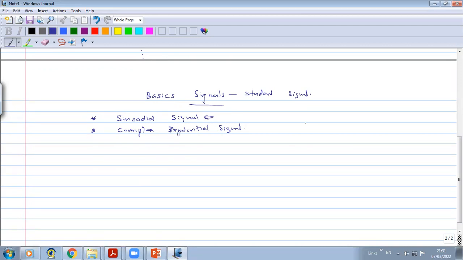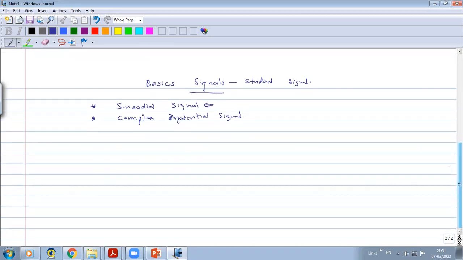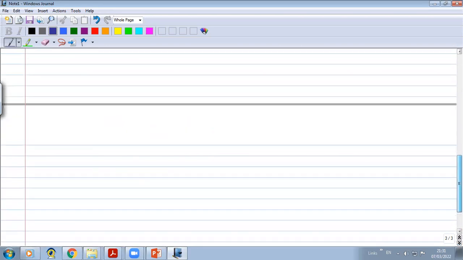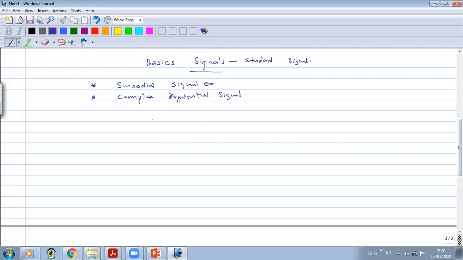I think you already know that the commercial power available in Sri Lanka, the main provider is the CEB, Ceylon Electricity Board.